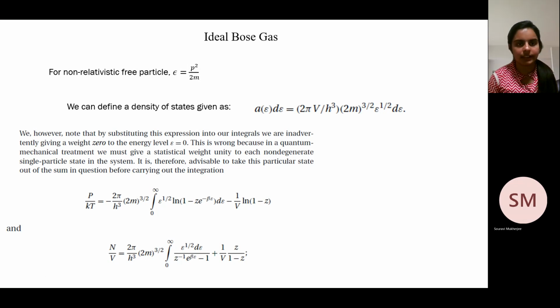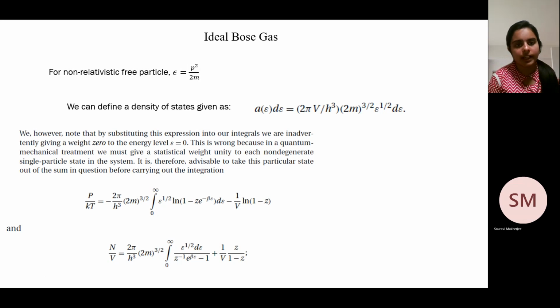Given some condition, one can have a large number of particles in the zero state. So by ignoring the density of states in the zero level, you are ignoring a significant possibility of some new behavior of the system.